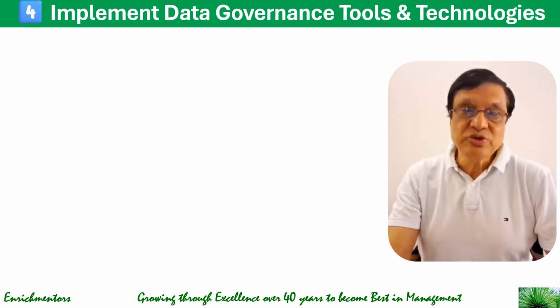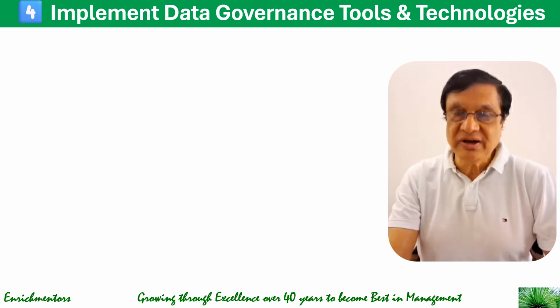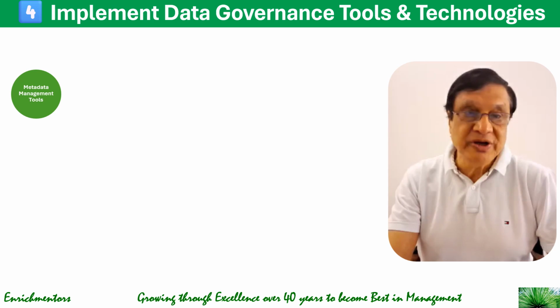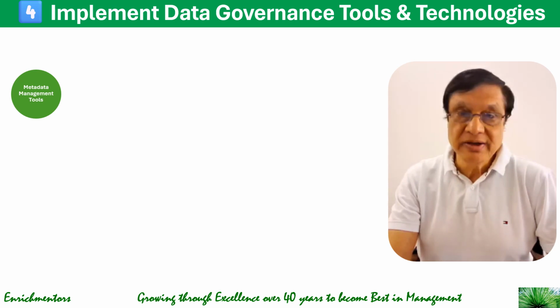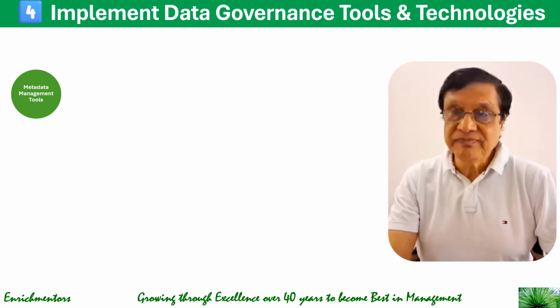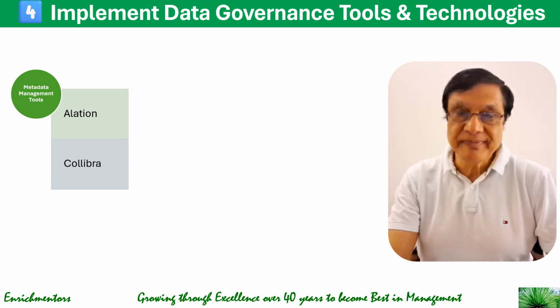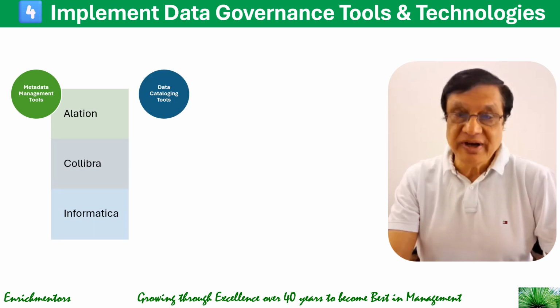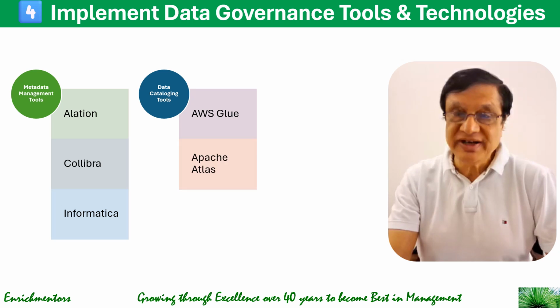The fourth thing is to implement data governance tools and technologies. And what are these? You could use metadata management tools like Alation, Collibra, Informatica. You could use data cataloging tools like AWS Glue, Apache Atlas.